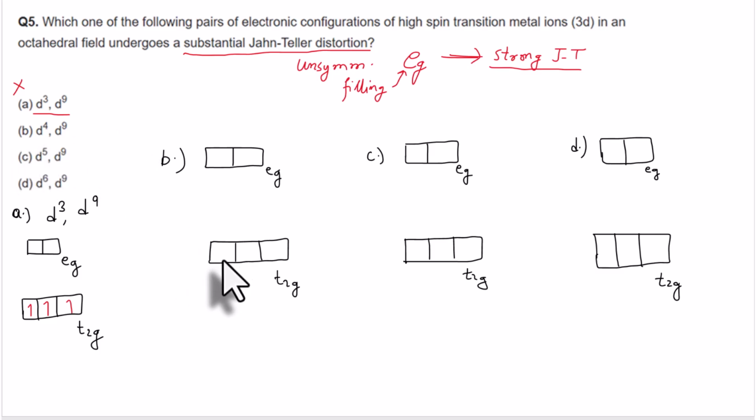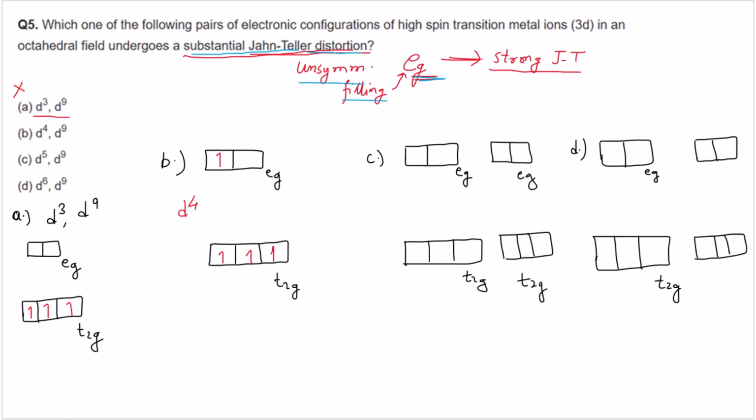Now, if it is d4, so 1, 2, 3 and 4. We have to take care that the question asks for high spin transition metal ions. So we have to fill the electrons in the d orbitals in the high spin configuration. It specifically says the high spin configuration.